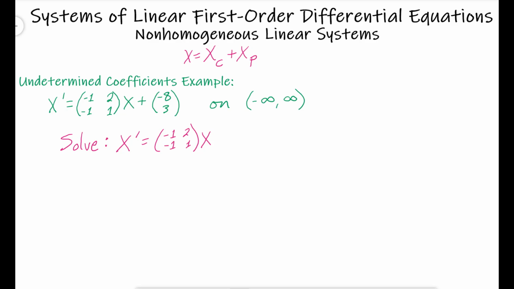We need to find our eigenvalues, and then use them to find the associated eigenvectors. This one ends up with complex eigenvalues, so we put them into a real form, and when we do all of this, we end up with xc, our solution to this associated homogeneous system.